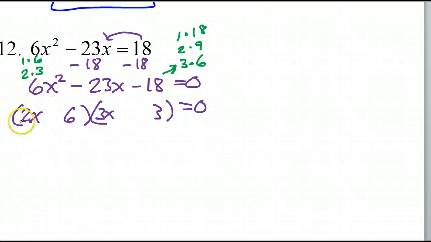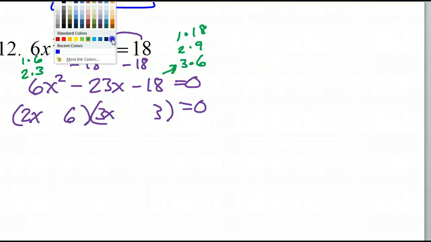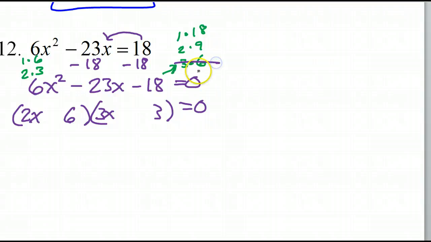So that tells me that if it's going to be 2 times 3, then 3 times 6 is not working. So for now, I'm going to cross it out. If none of them work, then I'll come back and start over with 1 times 6. But for now, I'm crossing that out.